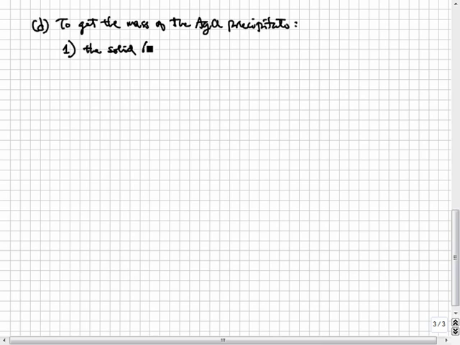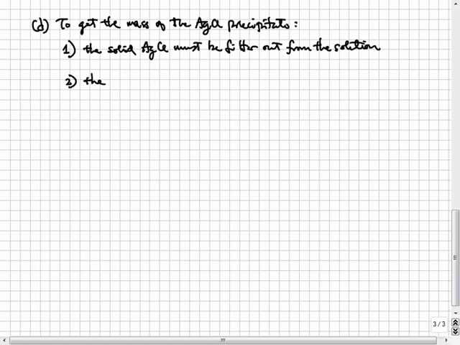Filter the solid AgCl from the solution. 2.